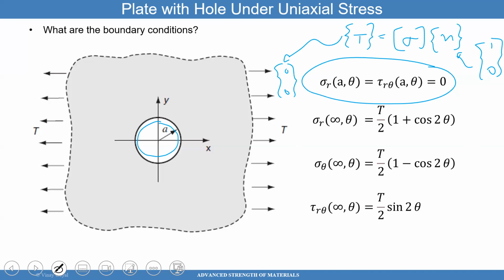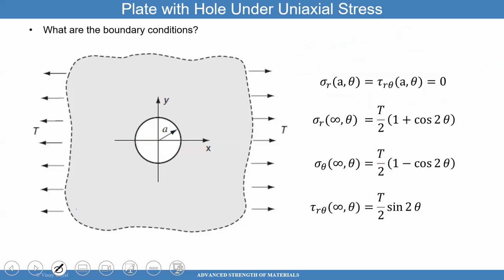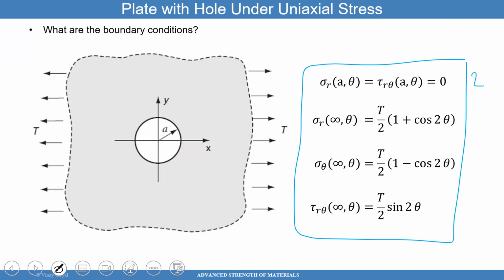And because of that, you can find that there's no radial stress and there's no shear stress. So that makes our life a little bit easier there. And you can see I have 5 total boundary conditions: 2 here, 1, 1, and 1, 5.